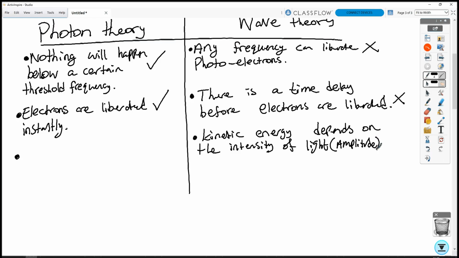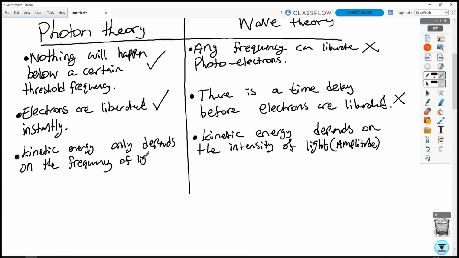For the photon theory, the kinetic energy only depends on the frequency of light. It does not depend on intensity.